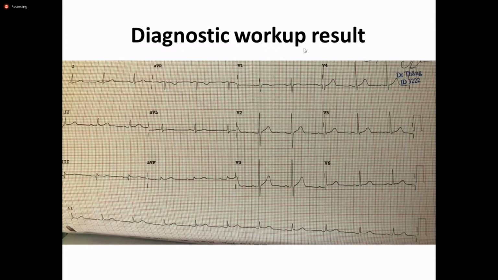The second thing: in a patient with typical chest pain, if the R wave is large, you need to measure V7, V8, and V9 to diagnose a posterior wall infarction.